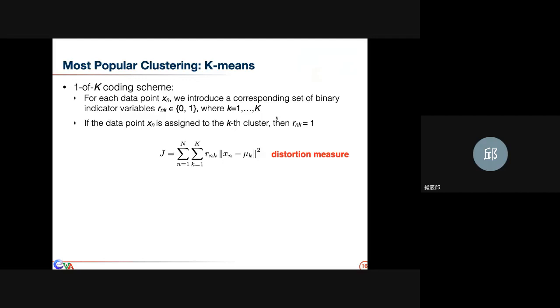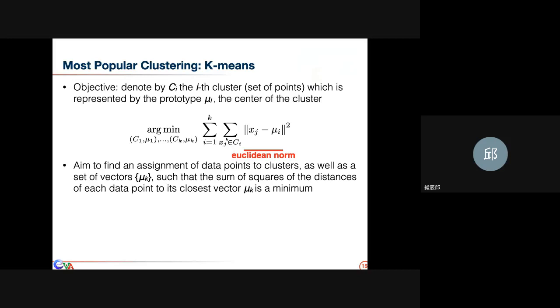So we can actually try to reformulate the objective function. Basically, here you can see we have this summation over xi within the cluster Ci.